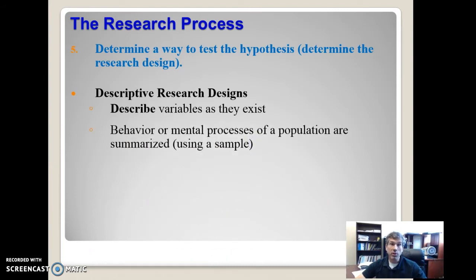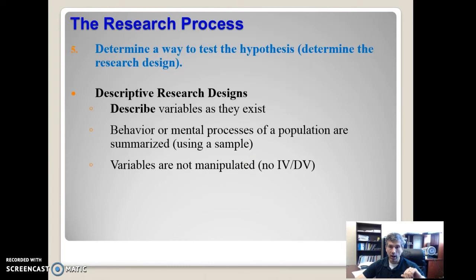So, we use a sample, and we measure people's thinking, their behavior, their emotions, whatever we're interested in, but we're just interested in summarizing it. We're not looking at relationships between variables, we're not looking at what causes changes in different variables, we're just getting a very basic, high-level look at how this variable looks at the population level.